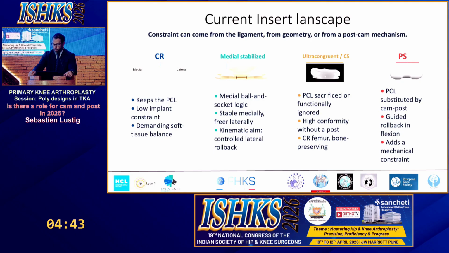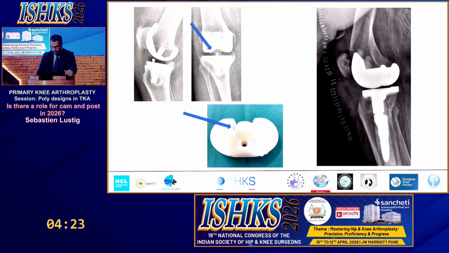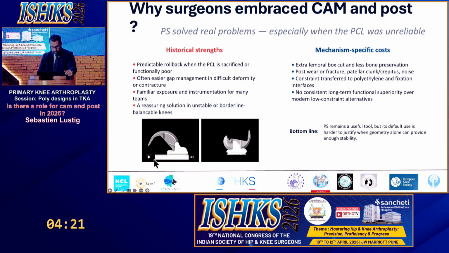When you substitute the PCL with the cam-post design, it's guiding the rollback in flexion, which is very interesting, but it's adding some constraint. So why have we been using cam and post for a long time? Usually it's because we believed that the PCL was not reliable, and that was the main reason. Maybe you can play this.